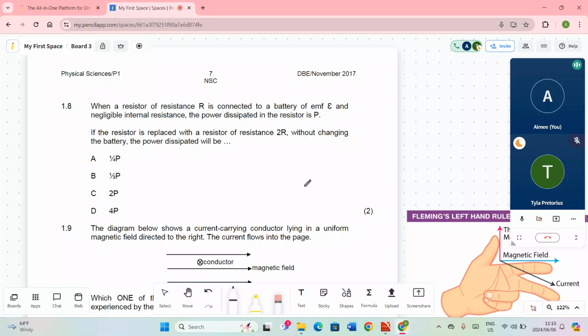Okay, well, you now need to go to your formula sheet and you need to look for a formula that includes resistance, power, and EMF.